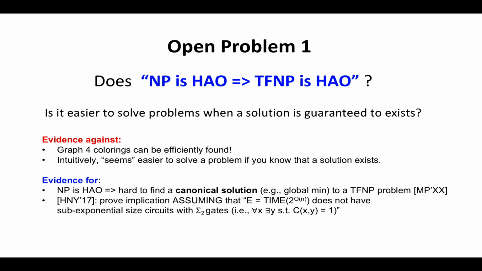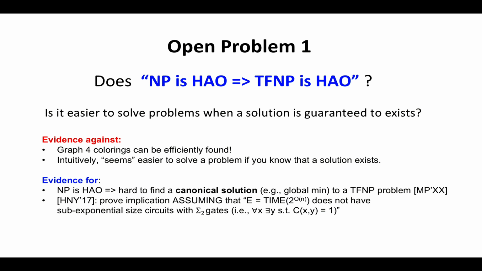I'm not going to go into exactly what it is, but it's something saying that exponential time computations cannot be significantly sped up by circuits that have access to something called sigma 2 gates. It's a de-randomization conjecture, and under that assumption, this can be proven.